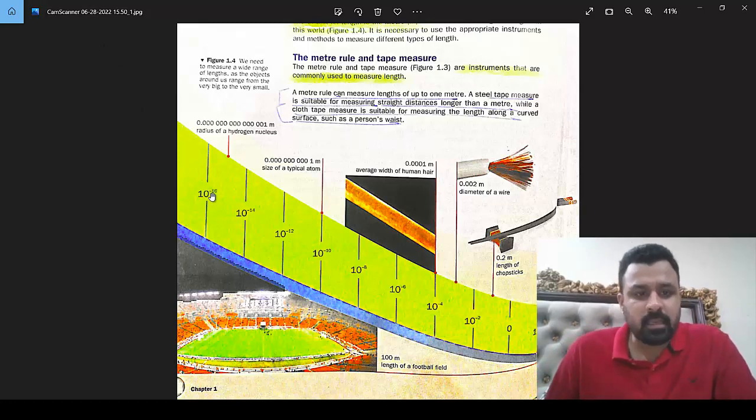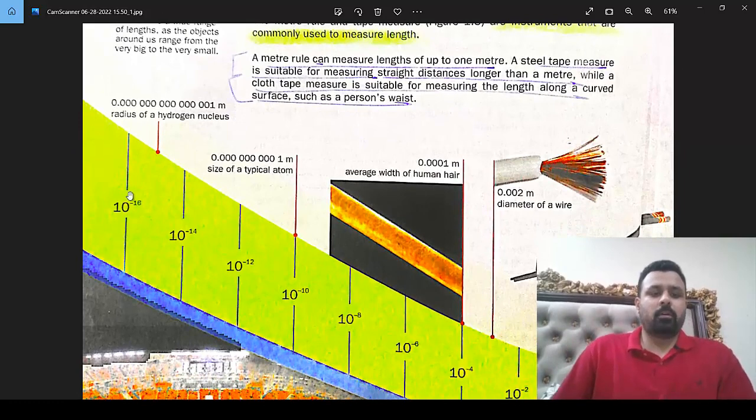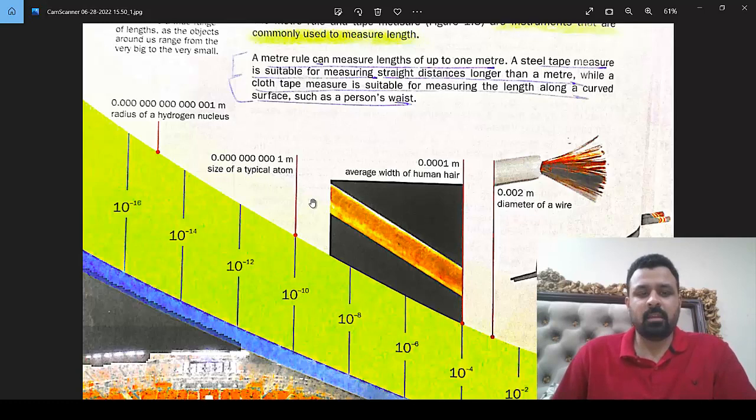So as you can see, the radius of a hydrogen nucleus is mentioned here, its value is of the order of 10 raised to power minus 15 to minus 16. Minus 15 is actually preferred. The size of a typical atom is 10 raised to power minus 10.